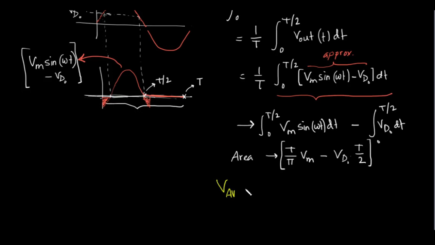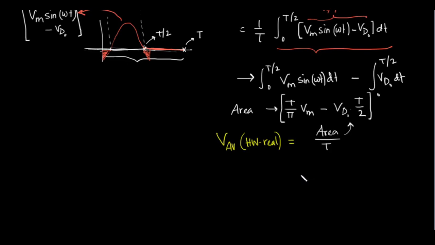To find the average value now, we will have V average, half wave using real diodes. So we have to divide the area by T. Okay, area by T. So if you divide the above expression by T, what we will get is 1 by pi Vm minus 1 by 2 Vd naught.